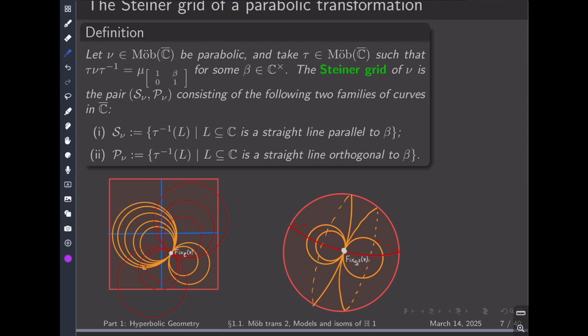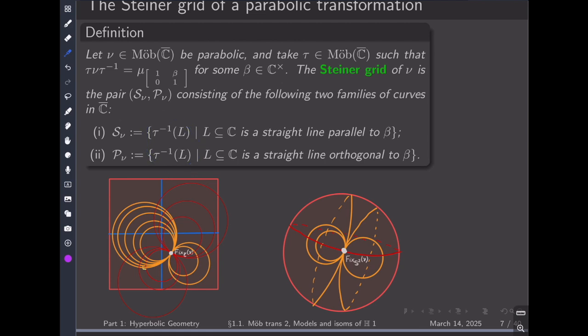a degenerate Steiner grid, and it's a degenerate Steiner grid because in the case of translation by beta, both families consist of circles in C bar. So when I apply to them tau inverse, what I have is circles in C bar.